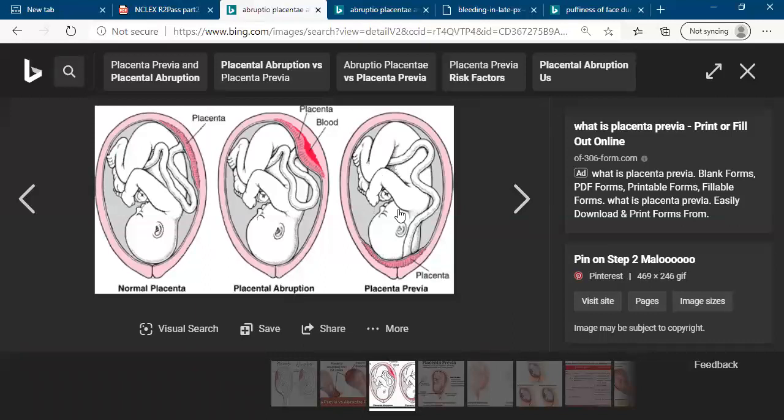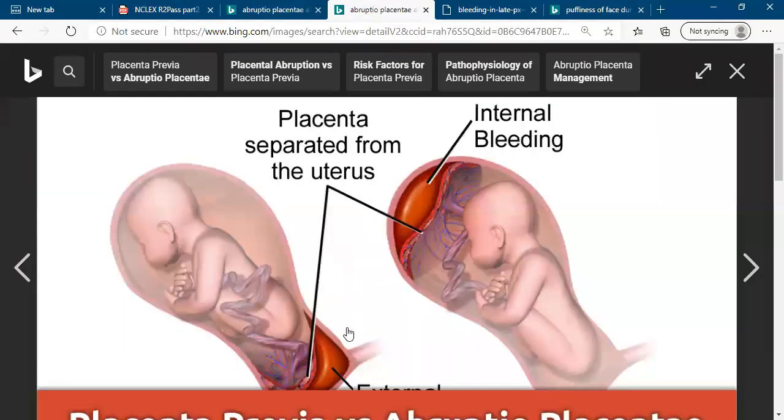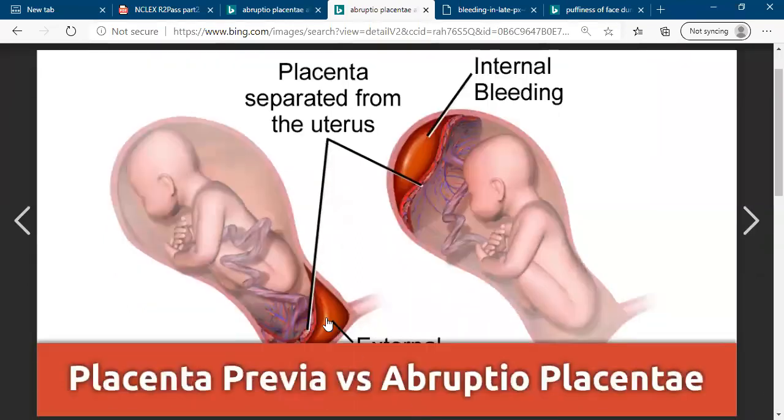And here, the placental position is close to the orifice opening, the cervix of the uterus. So in this case, there is a chance of rupture of this placenta and bleeding occurs. This picture shows the same thing: this is the placenta previa, right?